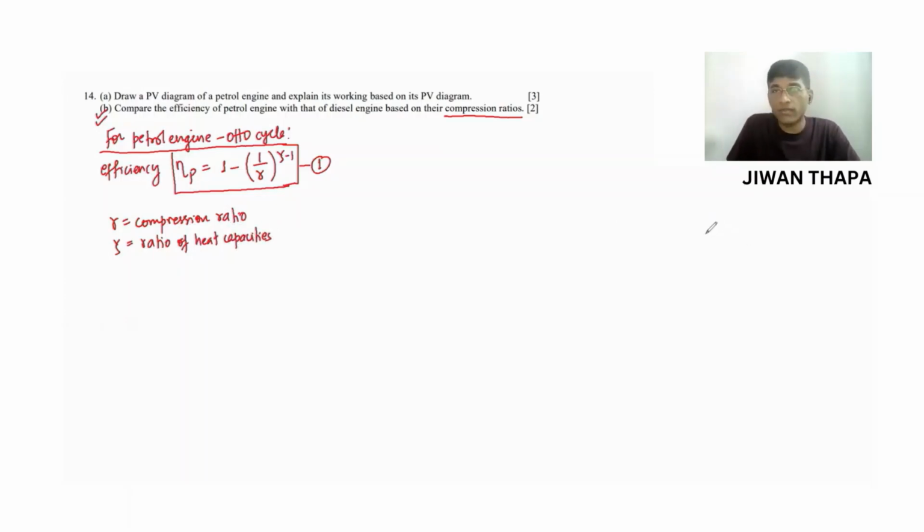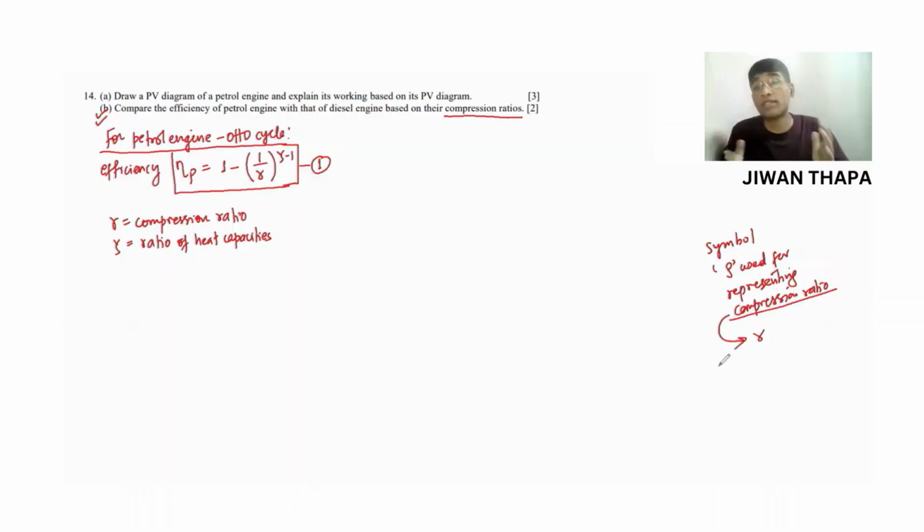In some texts we find the symbol rho used for representing compression ratio. So we are using the symbol R for representing compression ratio. Do not get confused, okay?